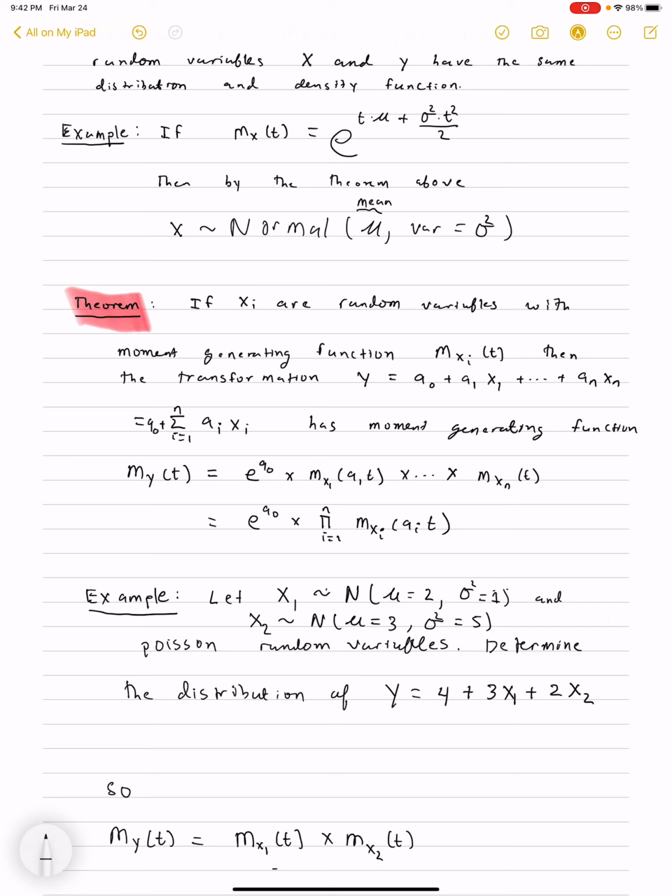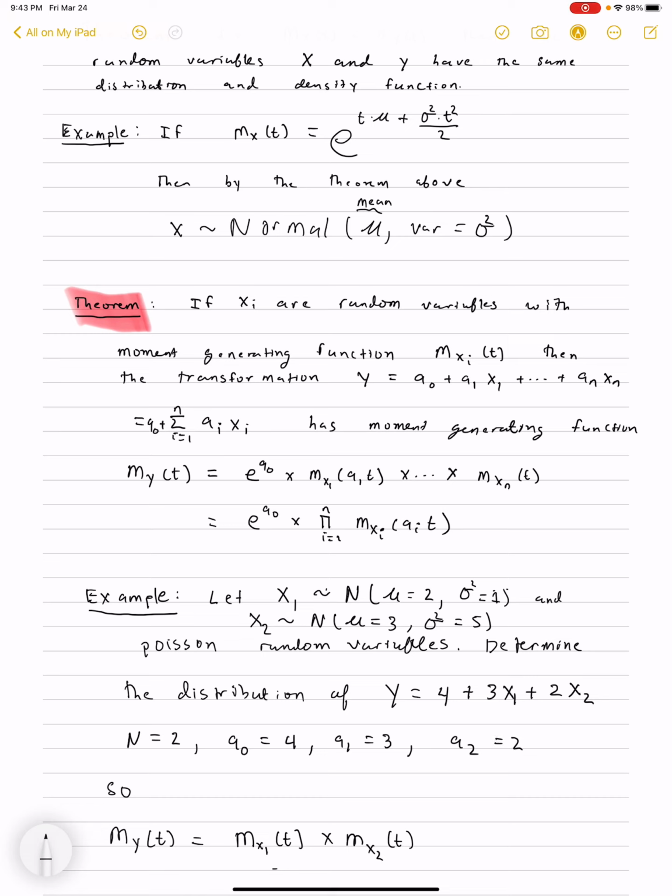Our goal is to determine the distribution of y equals 4 plus 3x1 plus 2x2. So in the setting of the theorem above, n is equal to 2, a0 is equal to 4, a1 is equal to 3, and a2 is equal to 2.